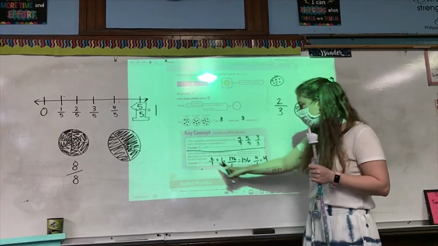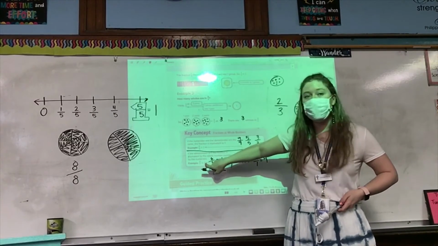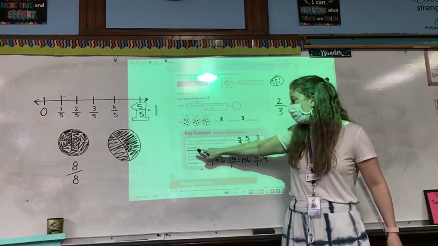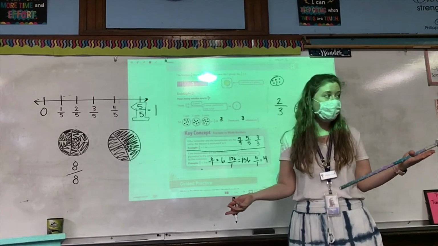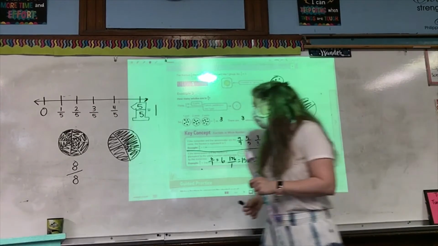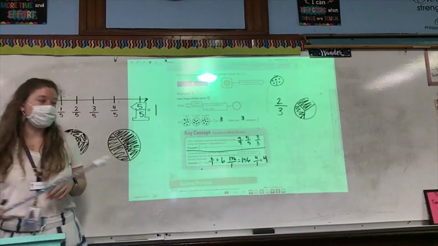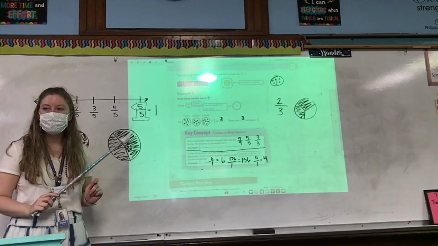Okay? And then they point out that these are number sentences. So 3 wholes equals 3 is a number sentence. 3/3 equals 1 is a number sentence. Even though we don't have an operation symbol, when it's fractions, we don't actually need that, as long as we're talking about whole numbers. Other ones, you can't do that.